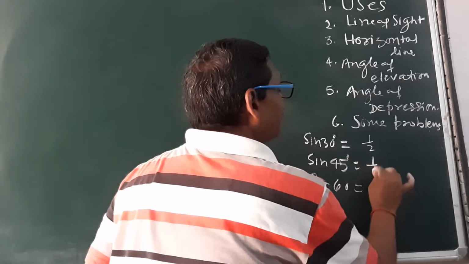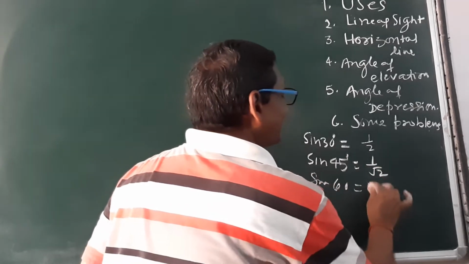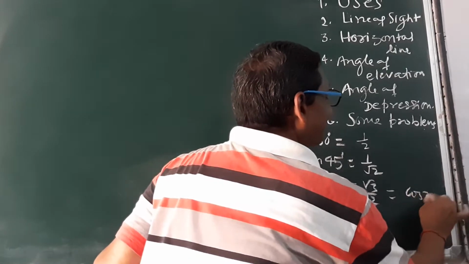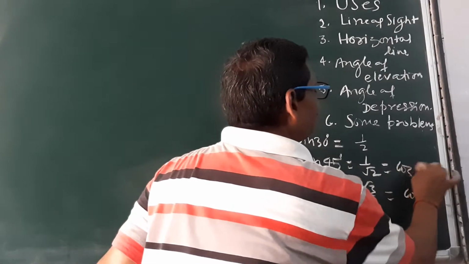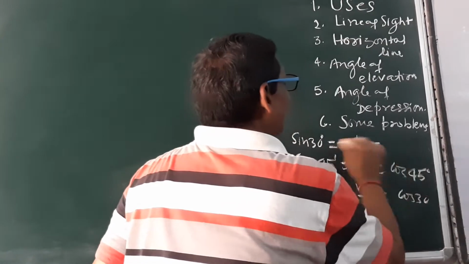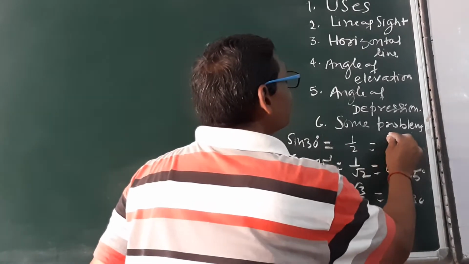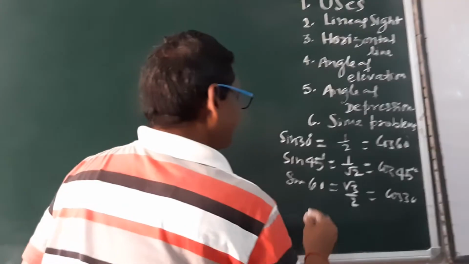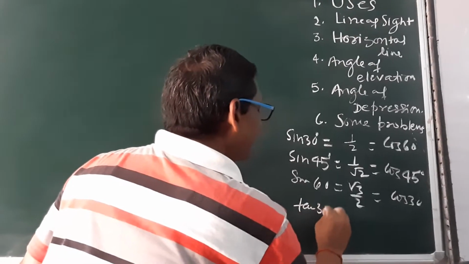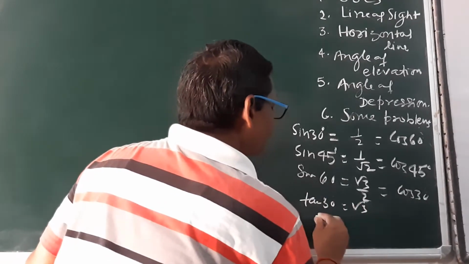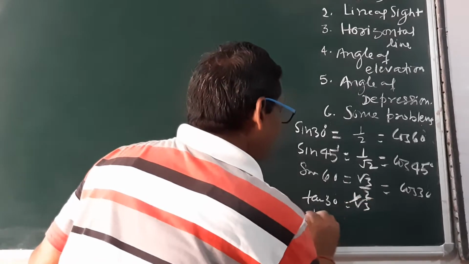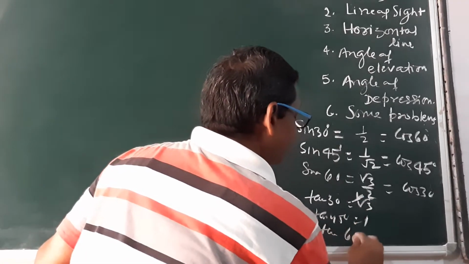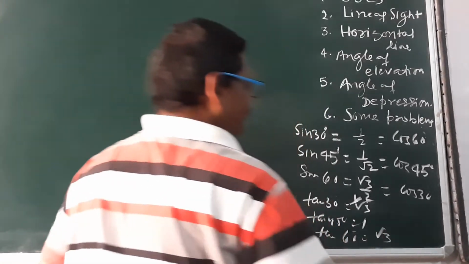Sine 45 means 1 by root 2, sine 60 means root 3 by 2. That is equal to cos 60 degree, cos 45 degree, and cos 30 degree. Tan 30 degree is equal to 1 by root 3, tan 45 degree is 1, and tan 60 degree is equal to root 3.